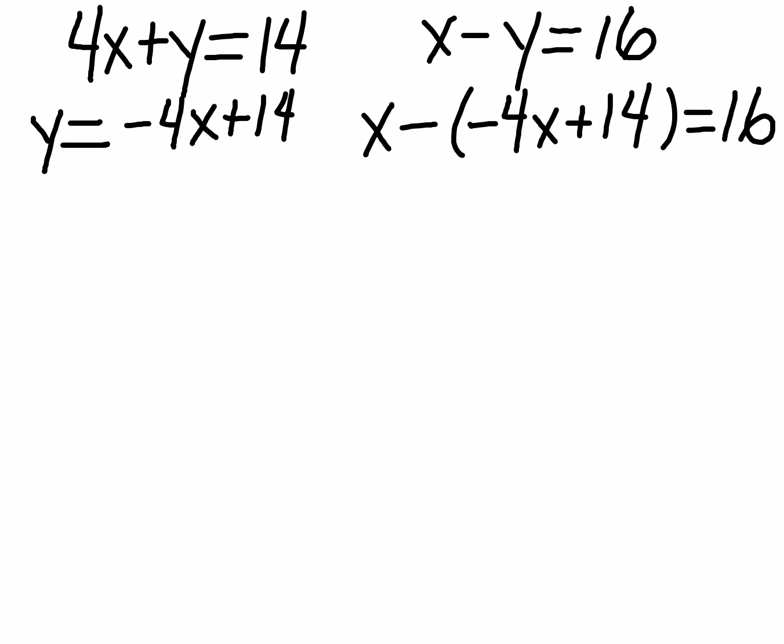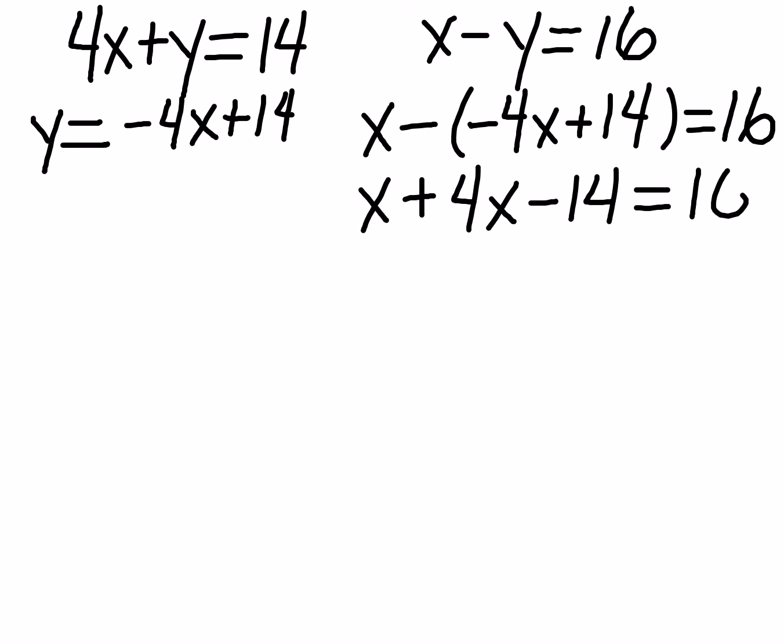Now, we are going to solve for x, because I can see here now they only have one variable instead of two. So now we can solve for x. I have x. I know a negative times a negative makes a positive, plus 4x. A negative times a positive is a negative, minus 14 equal 16.